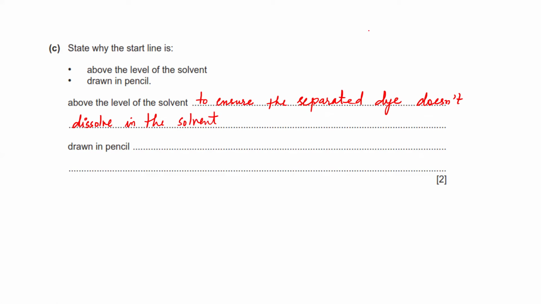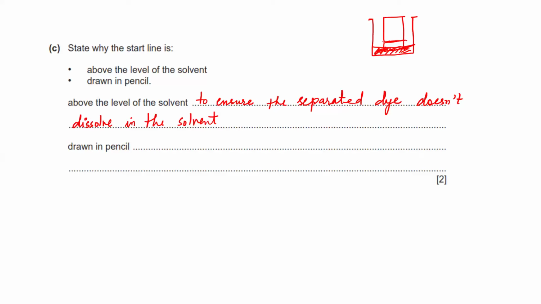Say, for example, this is our beaker. This is our solvent level. This is the paper, and this will be our line. If this line is inside the solvent, whatever dye is on this line will dissolve in the solvent and mix inside.